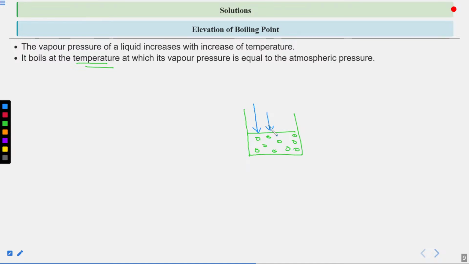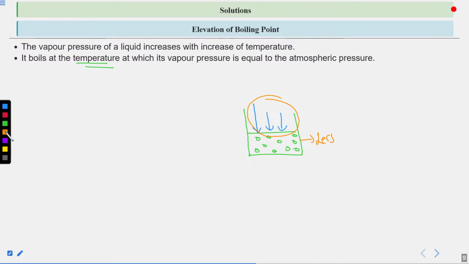The atmospheric pressure around you is the only reason that your liquid is in the liquid state, or else if this pressure wasn't here, then this liquid would have broken the intermolecular force and gone into the vapor phase. So now the vapor pressure of this liquid is less as compared to this atmospheric pressure.